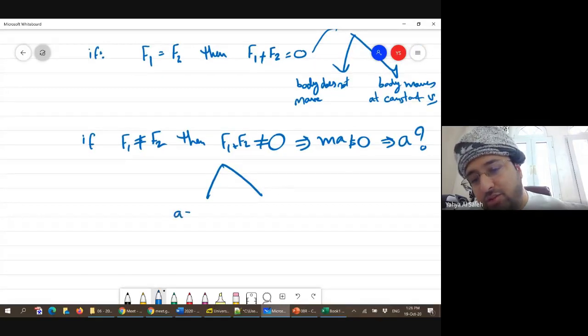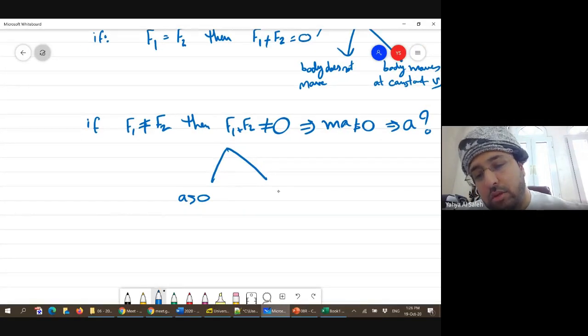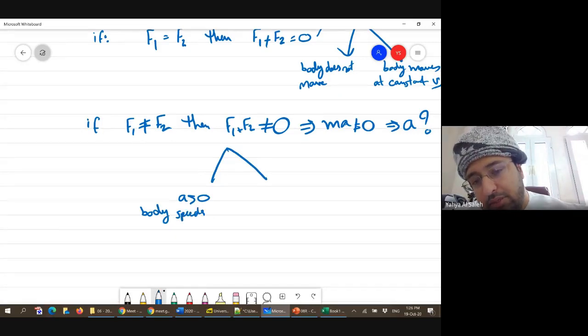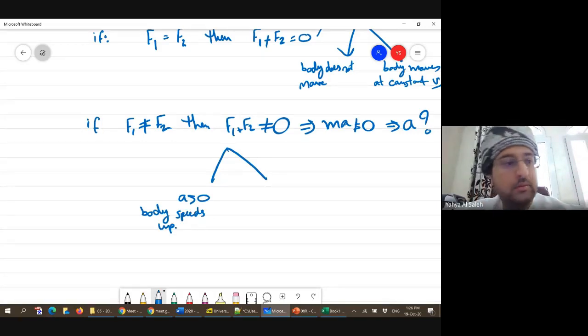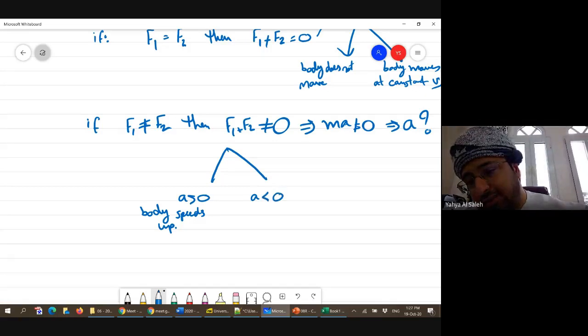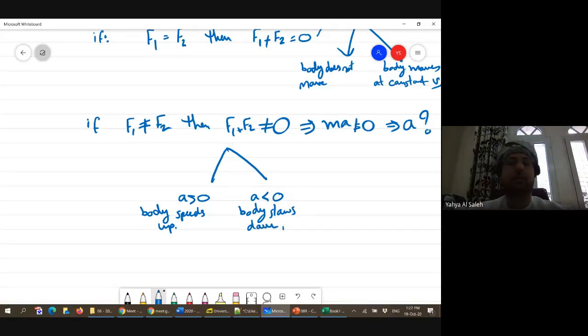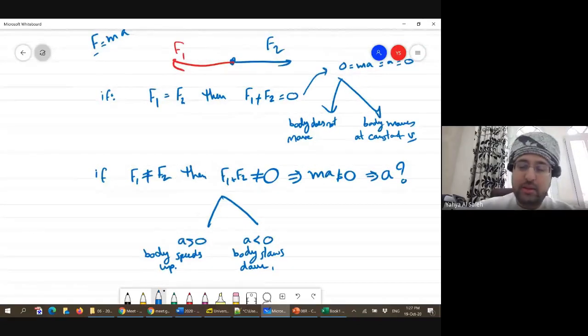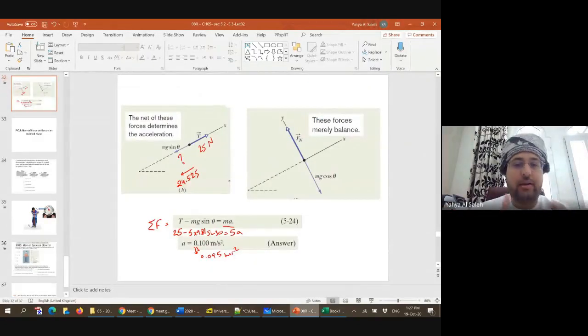If my acceleration is more than 0, then body speeds up. And if my acceleration is less than 0, then body slows down.